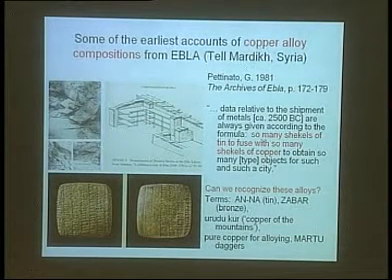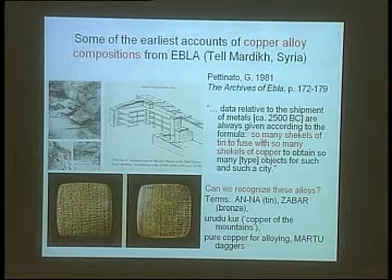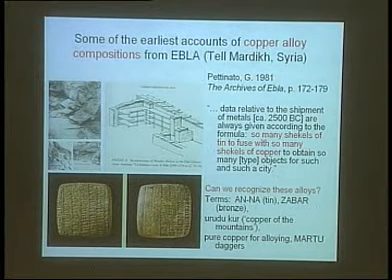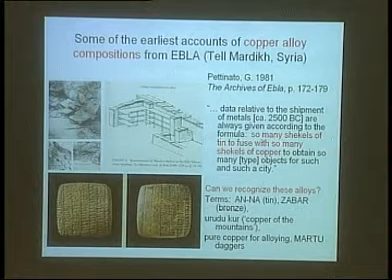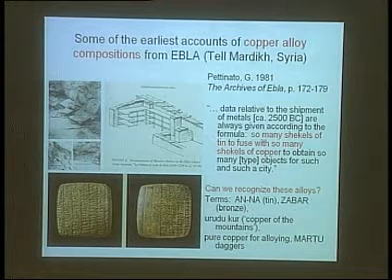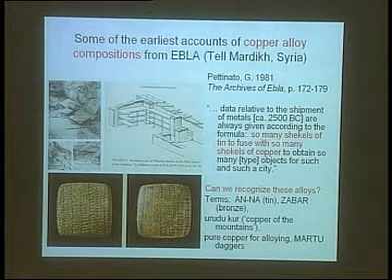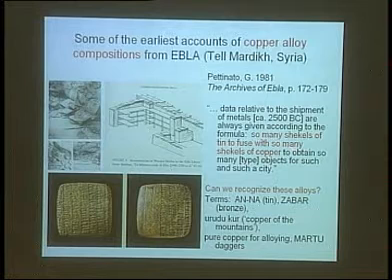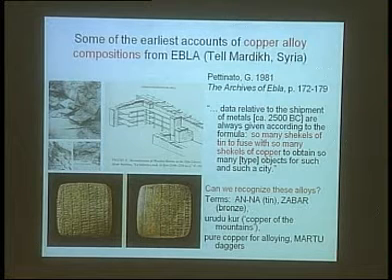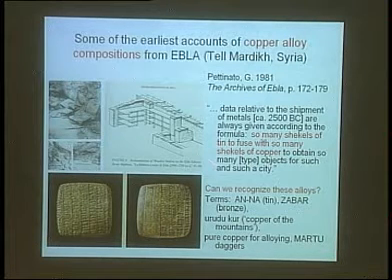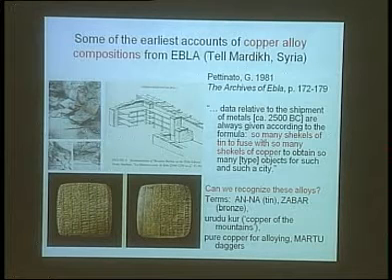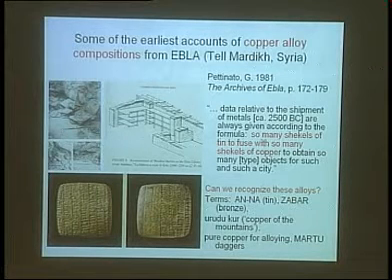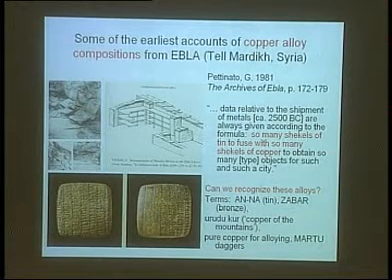From Ebla, Tell Mardikh in Syria, from a library of tablets, there are records that so many shekels of tin are to fuse with so many shekels of copper for certain objects, maybe types, for such and such a city. This is an accounting of how much copper, how much tin go to a specific task.